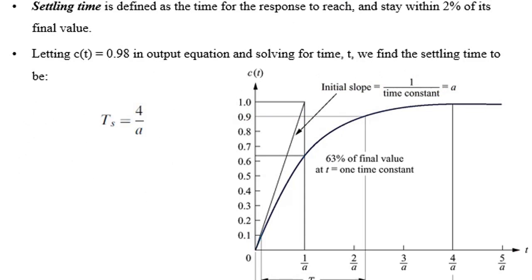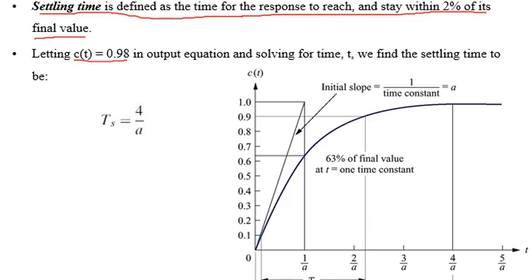Dear students, the second transient specification of first order system is settling time. Settling time is defined as the time in which the response of the system reaches and stays within 2% of the final value. For instance, if the final value is equal to 1, the moment the system response reaches 0.98 and stays within the limit, this will be known as settling time.